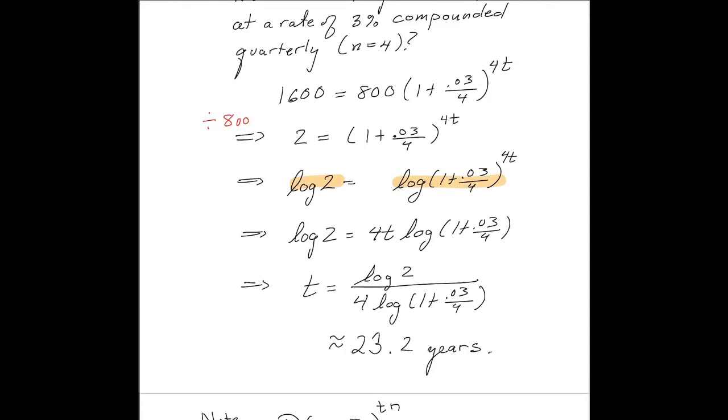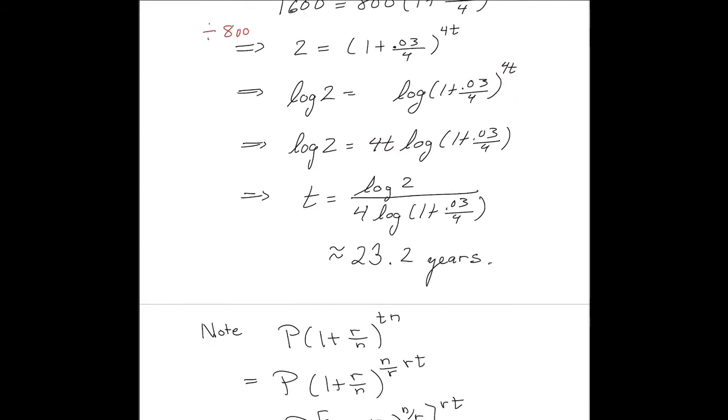If you want, you can think of writing both sides as 10 to the log of 2, 10 to the log of the right-hand side, and then equate the exponents. Okay? What's the advantage of doing this is that now this 4t becomes a factor instead of an exponent.